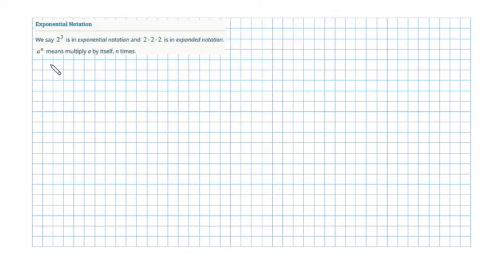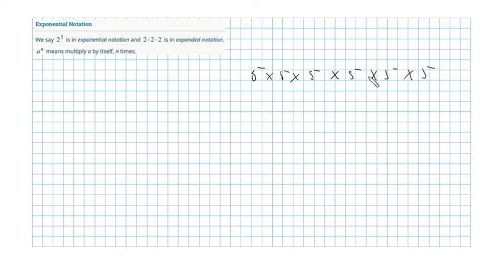Exponential notation allows us to easily express the fact that a number multiplies itself a certain number of times. So for example, if you want to say the number 5 multiplies itself 6 times, you could, if you wanted to, say 5 times 5 times 5 times 5 times 5 times 5.